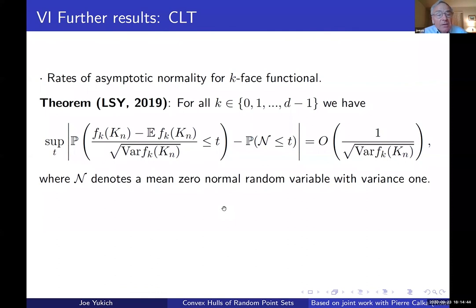The k-face functional of the convex hull, when centered around its mean and scaled by the square root of the variance, converges to a limiting normal with a rate of convergence in the Kolmogorov distance given by 1 over the square root of the variance. So this rate of normal convergence is a consequence of a more general result, which gives rates of normal convergence for sums of stabilizing scores in general.